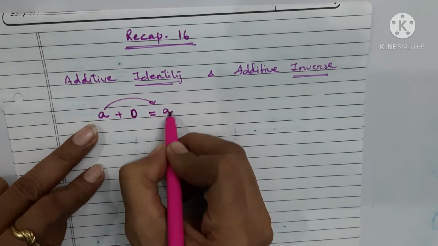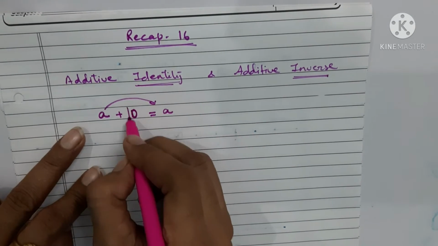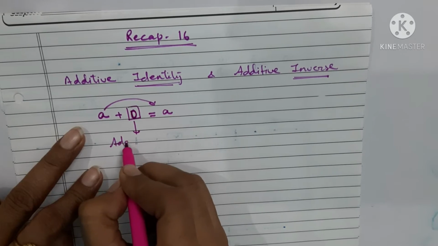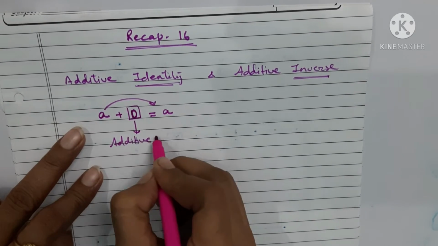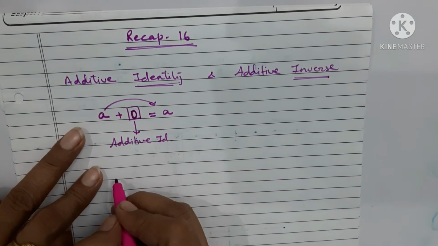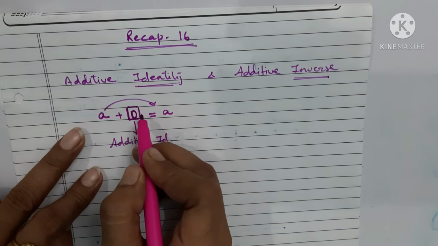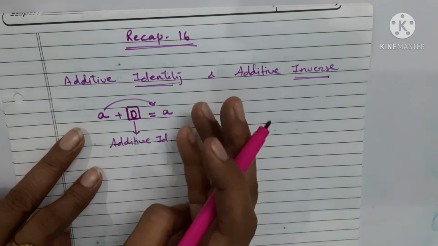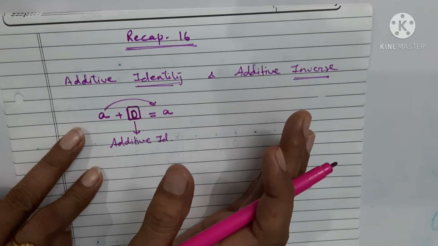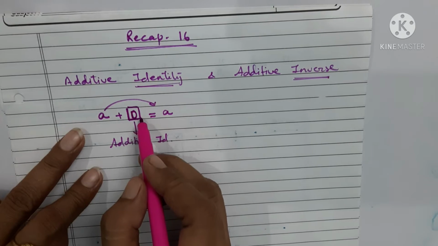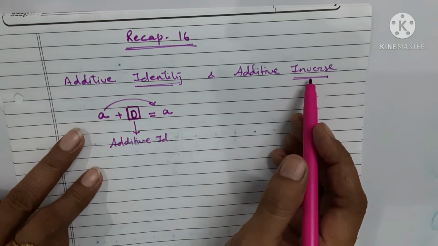There will be no change in the rational number, and that is why 0 becomes the additive identity. Zero is the only number which is the additive identity for whole numbers, integers, and rational numbers. So please make sure it's not the same thing as inverse.